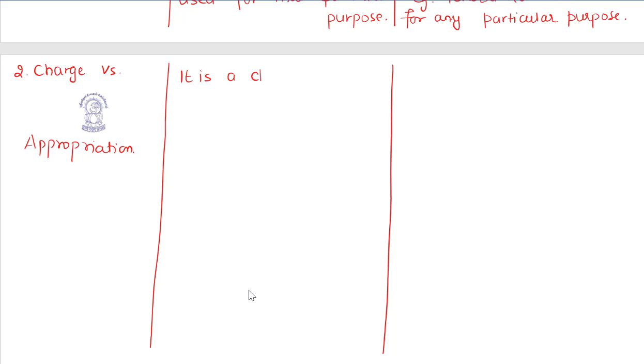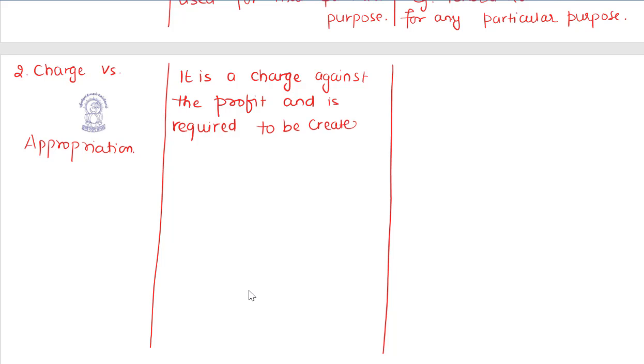Provision is a charge against the profit and is required to be created irrespective of the amount of profit.